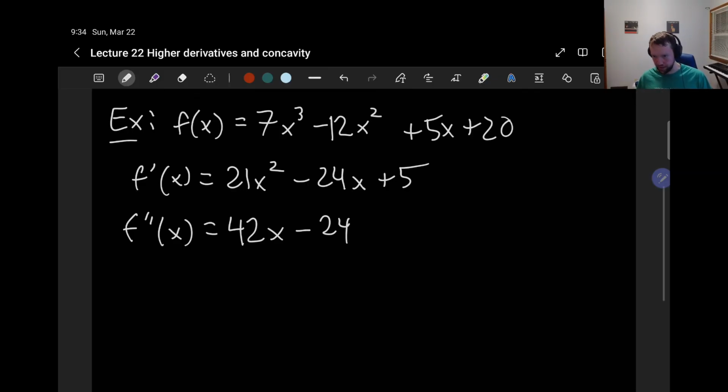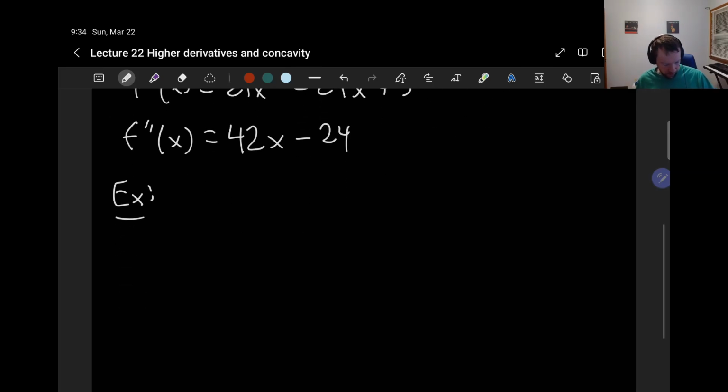A practical application of this is acceleration. So we'll do a mini physics problem here. So this is when your original function, f, is position.